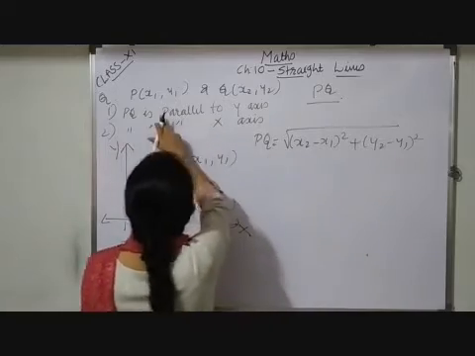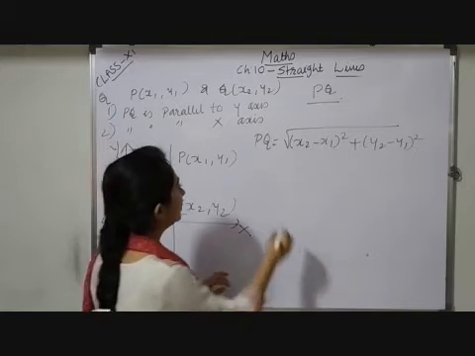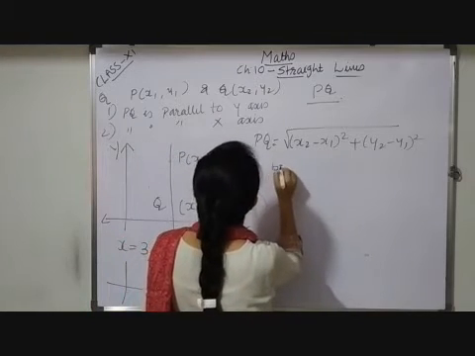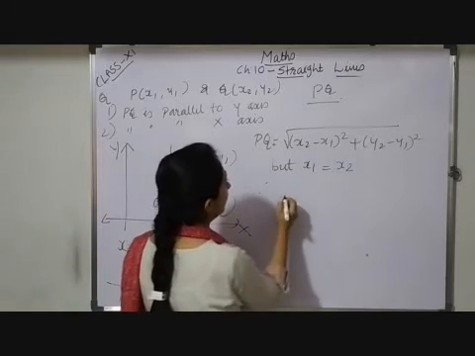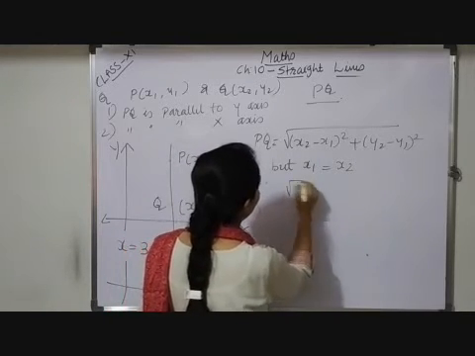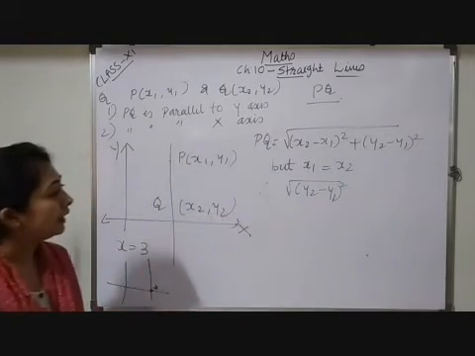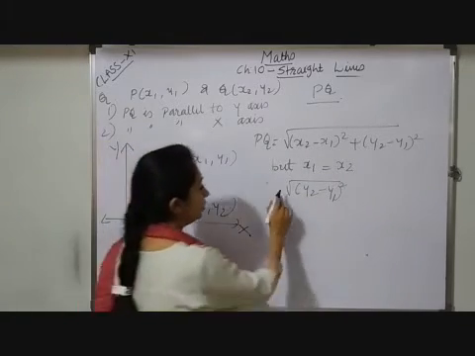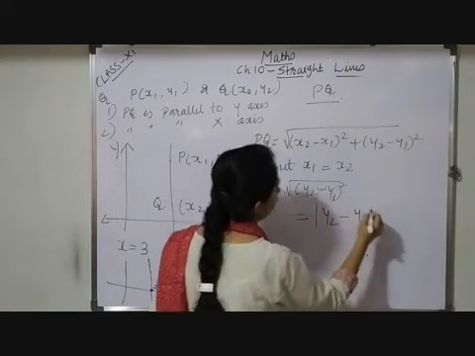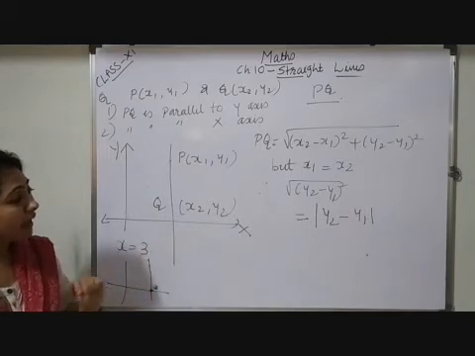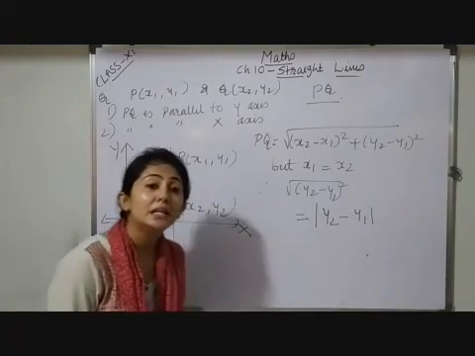It means though it is parallel to the y-axis, x1 will remain the same as x2. So x1 is equal to x2. Therefore, here the distance will be under root of (y2 minus y1) square. When I remove the root and square, I will get the modulus of y2 minus y1. Why am I writing it in modulus form? Because distance can never be negative.